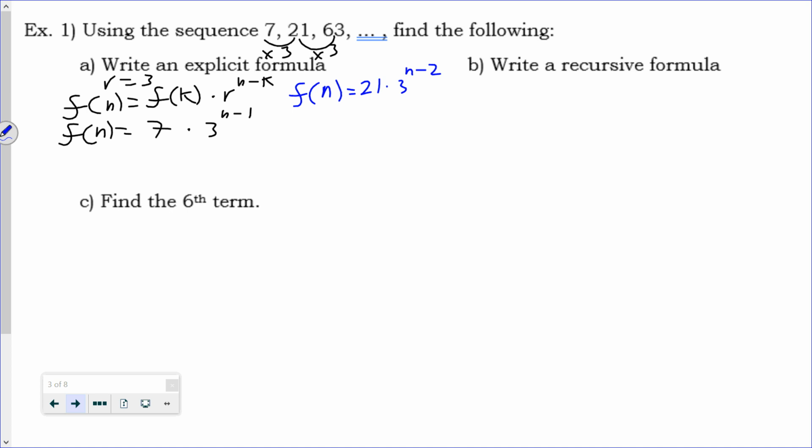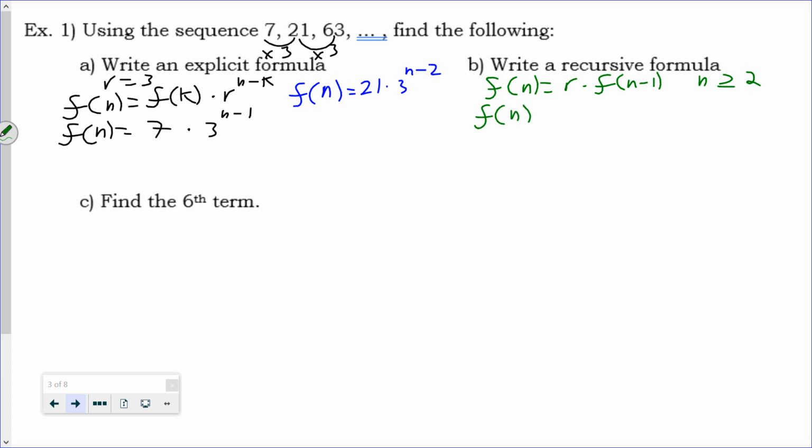Now write a recursive formula. A recursive formula is going to be one where f of n equals r times f of n minus 1 when n is greater than or equal to 2. So I have my r value, that's just going to be 3.